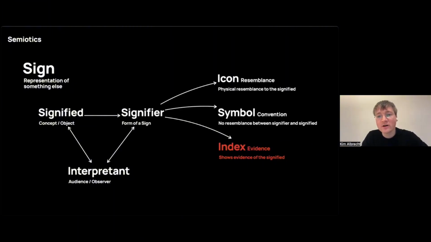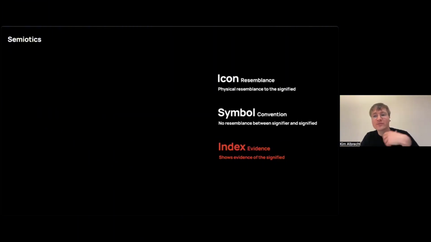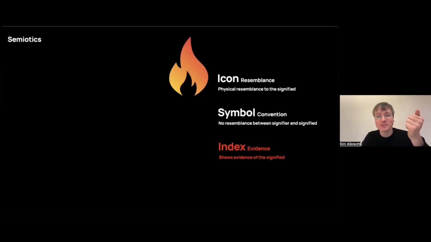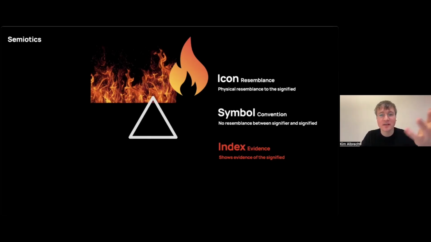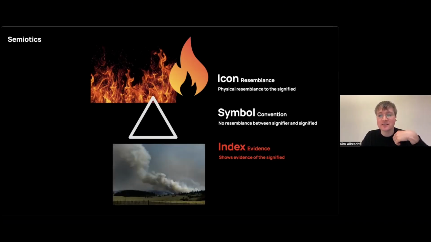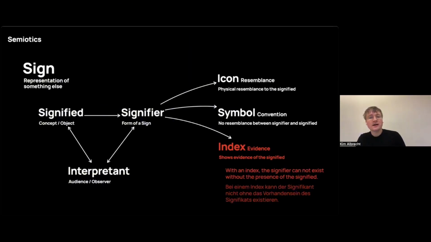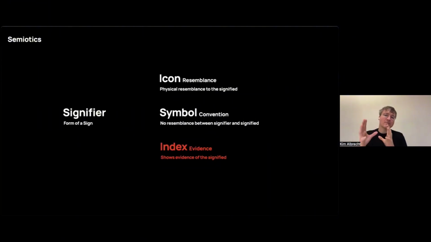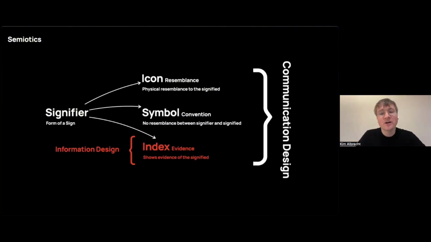So just to go through this one more time, we have the icons, which are representations, and we have abstract symbols and indexes. And I think this is something that I'm trying to use at the moment to distinguish what we're doing in information design, working with indexes, against what my colleagues are doing, which is all communication design.